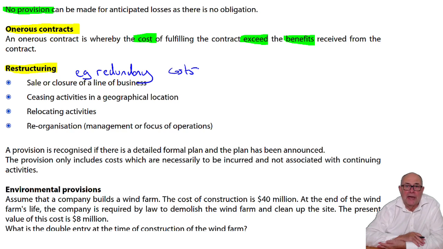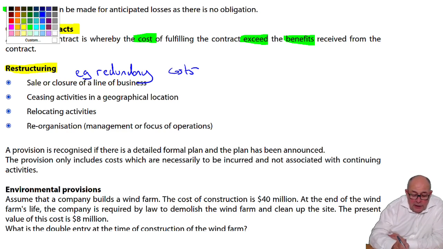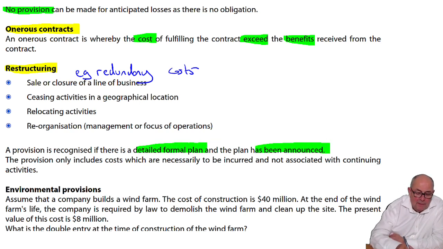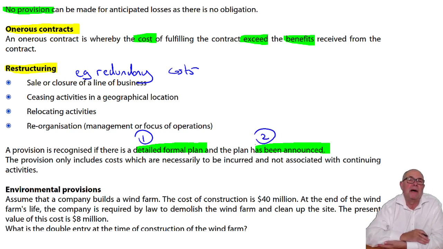It's not allowed now. So restructuring costs, as it says here, again, can only be set out if two criteria are met. Number one, there must be a detailed plan. And number two, it must have been announced. Now clearly, if your manager says to you, you're fired, you don't expect to be kept on.